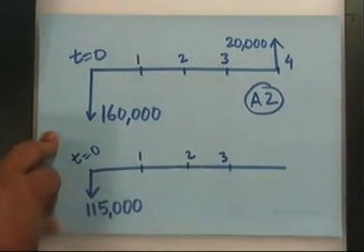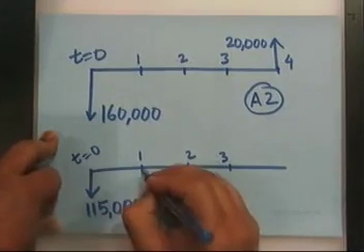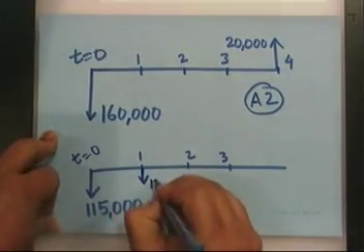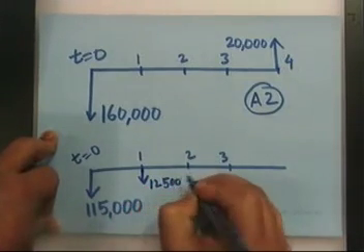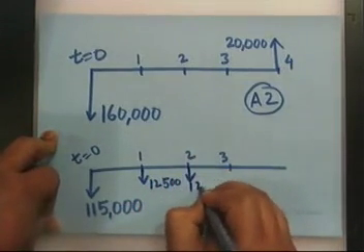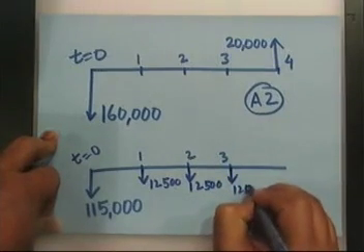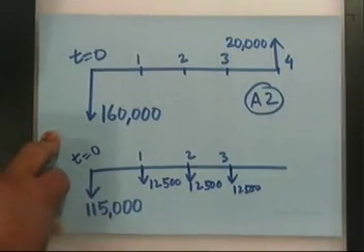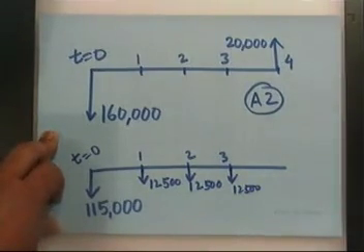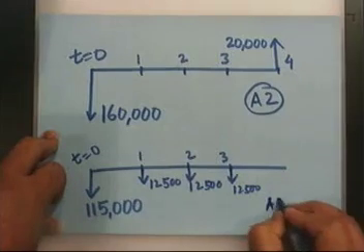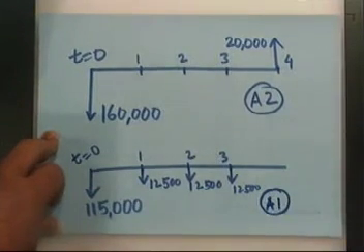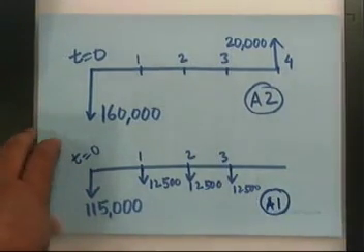There is no salvage value, and in addition to this you have the information that it is costing you 12,500 every year for the next 3 years. So this is as far as asset A1's cash flow diagram is concerned.